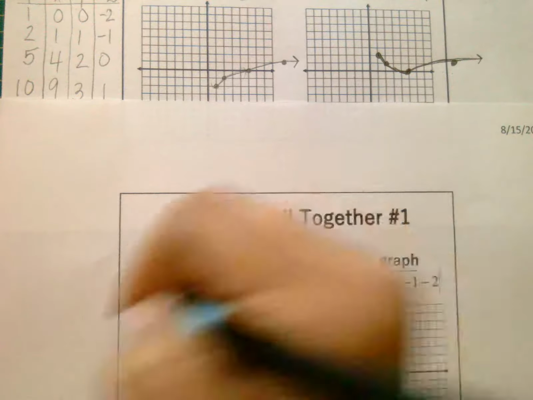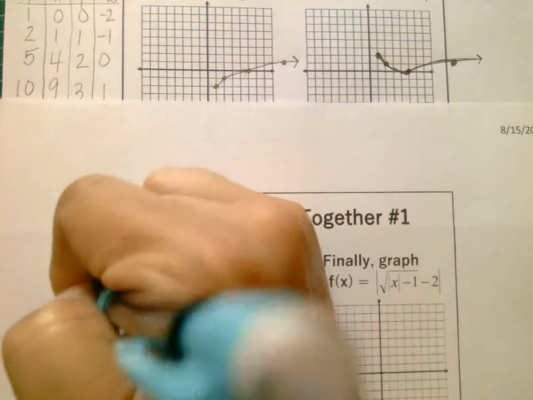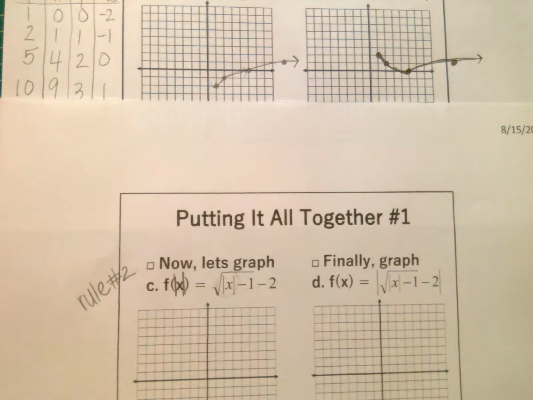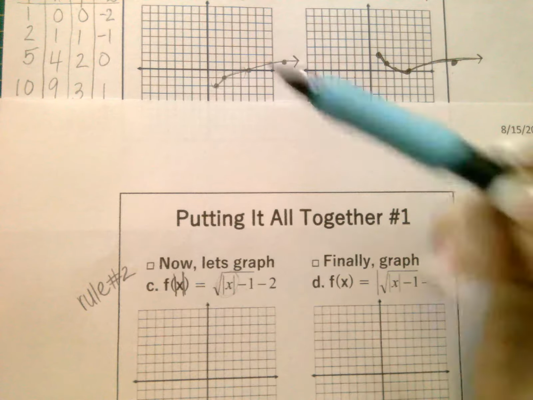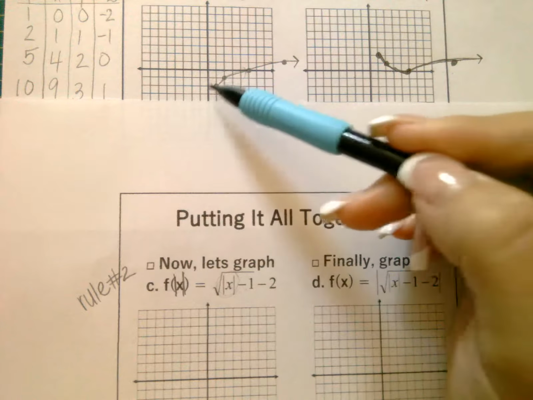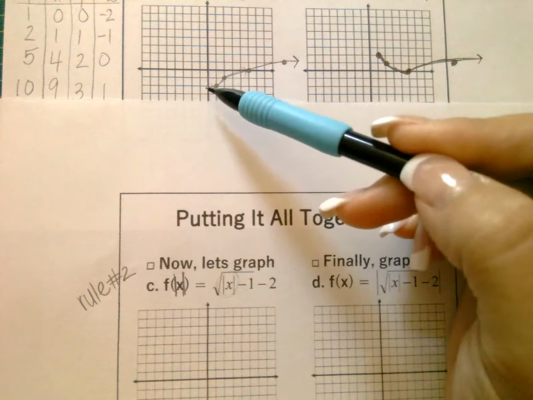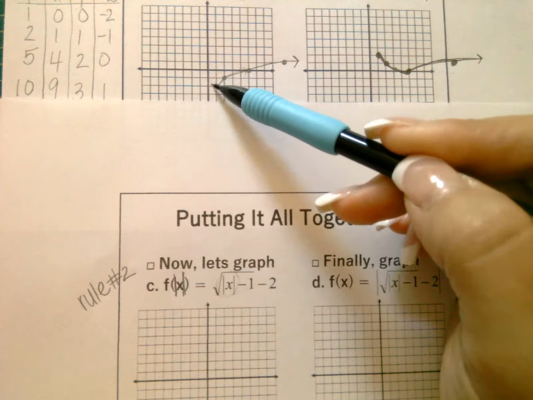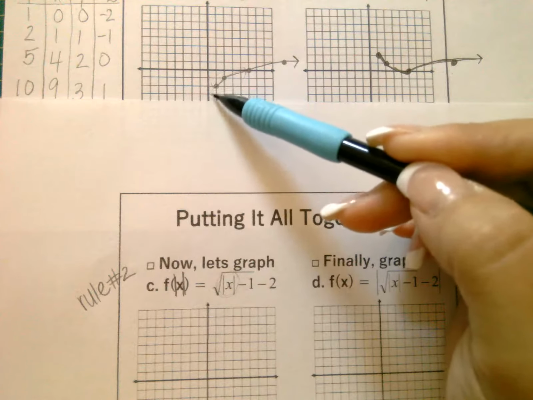Okay, so this is now rule number 2. And this says that we keep everything on and to the right of the y-axis. Well, now, this function can't actually get to the y-axis because that would make it undefined. So we're going to have a gap there, which is okay for this.